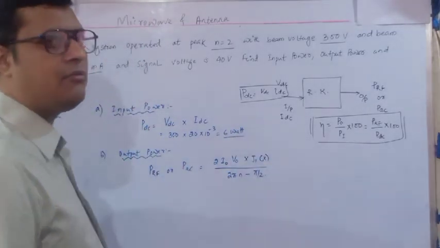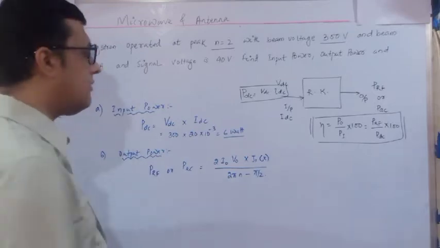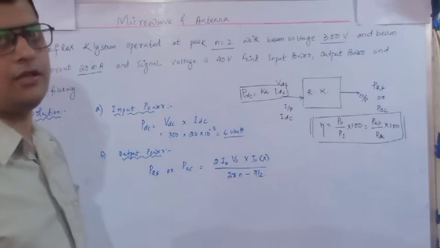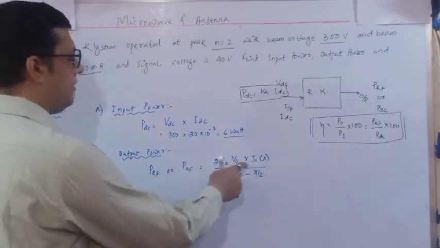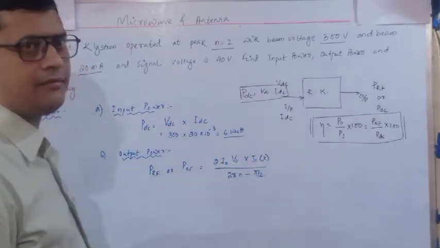In some books it will be given as 2 pi capital N, in some books in terms of 2 pi small n minus pi by 2. Both are the same, no need to be confused. So, 2 I naught V naught times J1 of x divided by 2 pi n minus pi by 2.